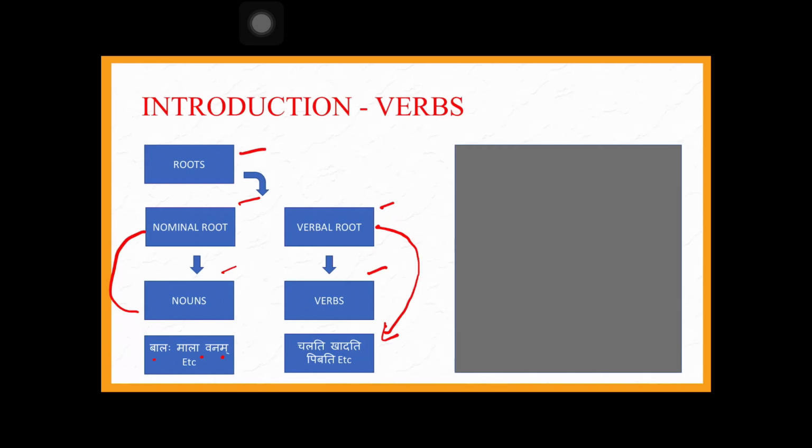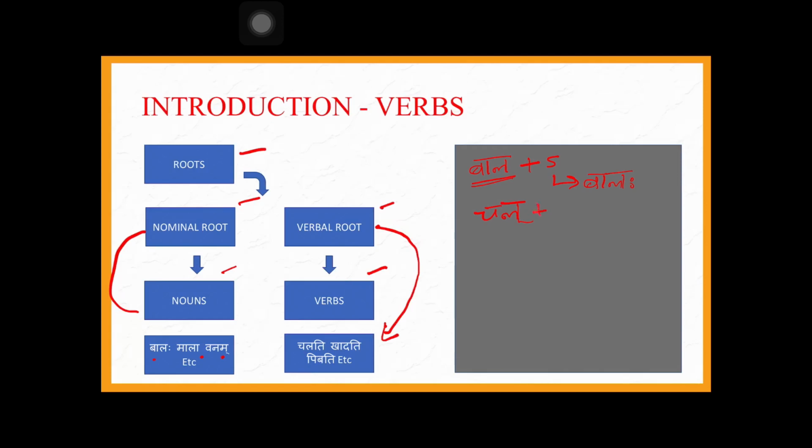I'll take balaha. In the beginning, only bala will be there. Then after adding some suffix, you will get the word balaha. The same way, chala. Chala is a verb over here.